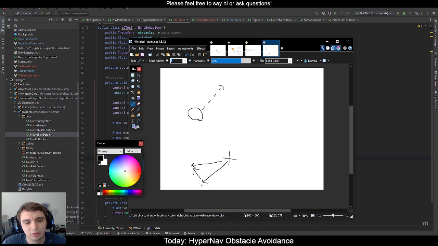So let's say, okay, my circle of acceptable velocities is this. And this is my desired velocity.